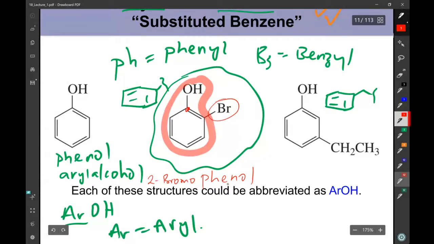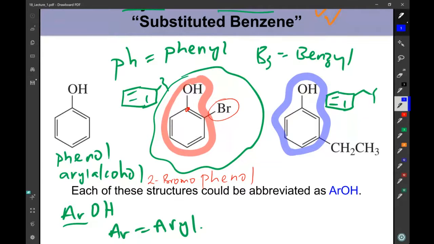And we can use the same reasoning to name this other molecule. So we have the parent molecule over there, and the parent molecule also will be called phenol. And this is carbon number 1. That will be carbon number 2. And this is carbon number 3.